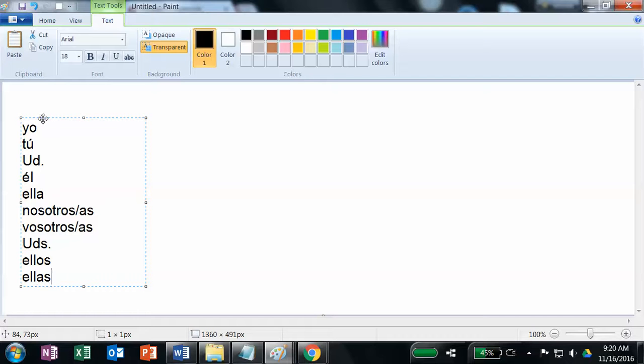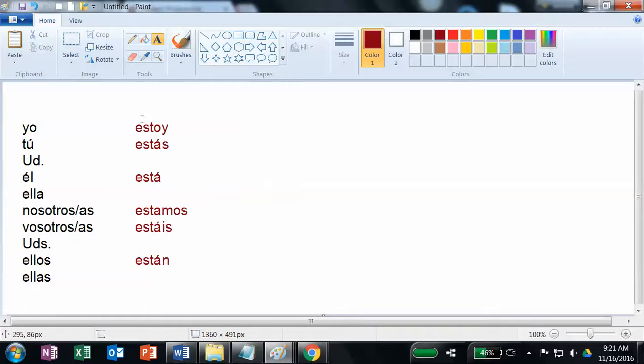So when we're using the present progressive, it tells you that you need to be plus the present participle. The to be that they're talking about is this one. You need estar, so you would use estoy, estás. And I'm going to pause and put all these up here real quick.